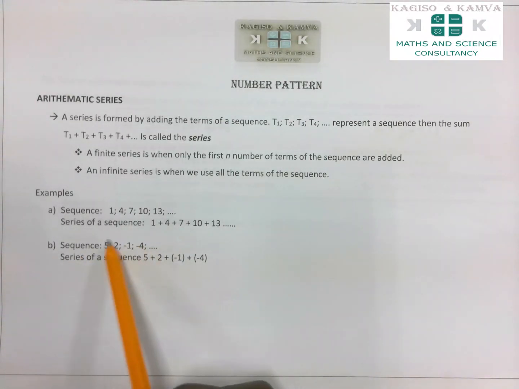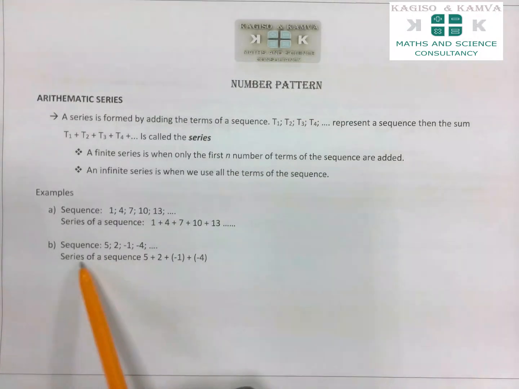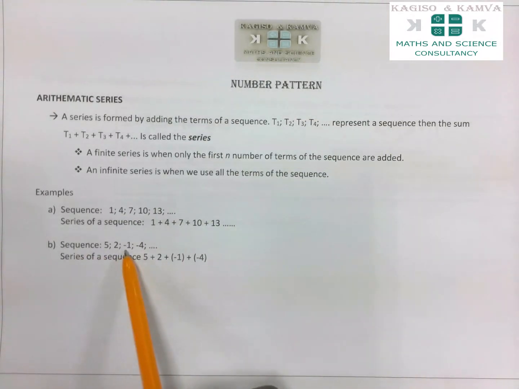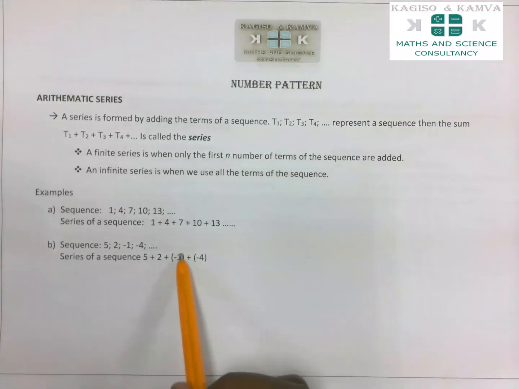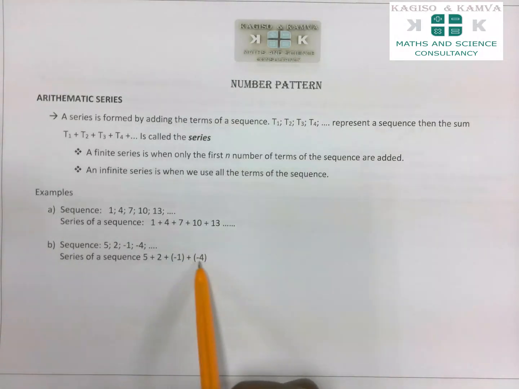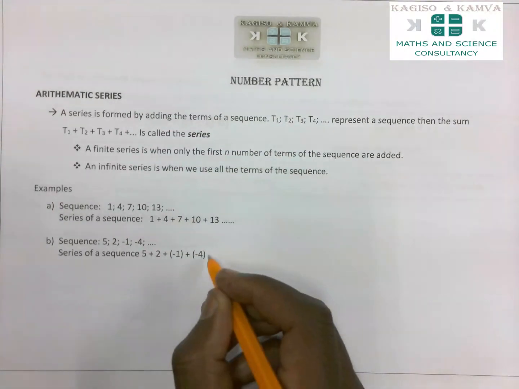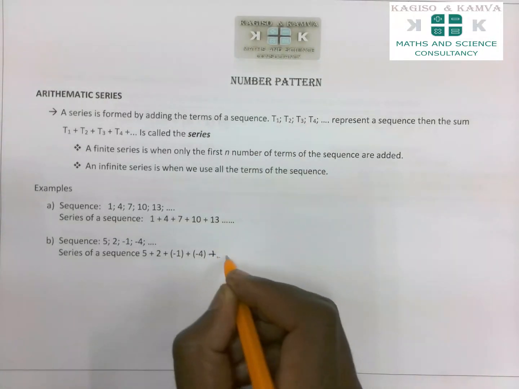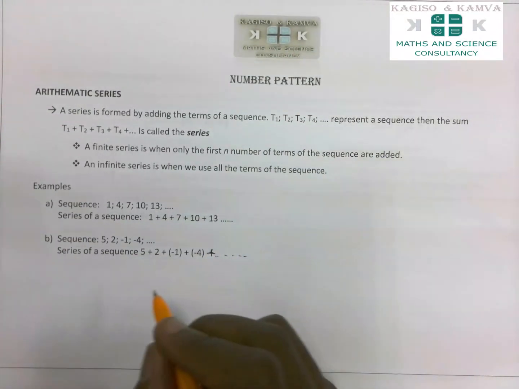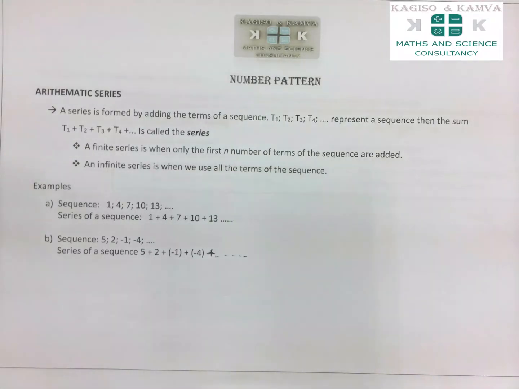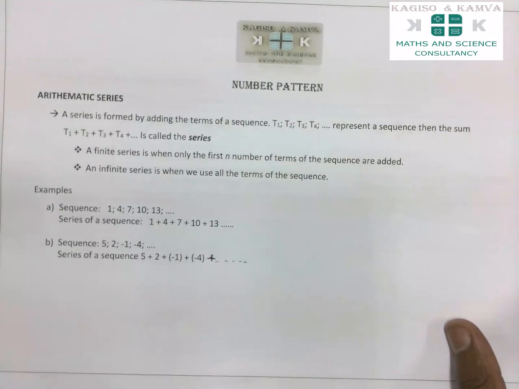This will be a sequence. Now for the series of this sequence, we have to add the terms. That will be 5 plus 2 plus negative 1 plus negative 4, plus etc. going forward. Now you understand the series of a sequence.